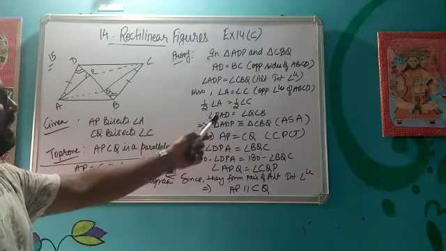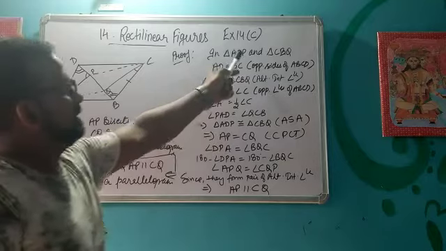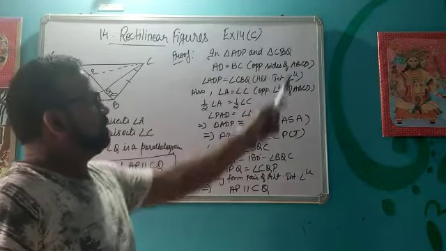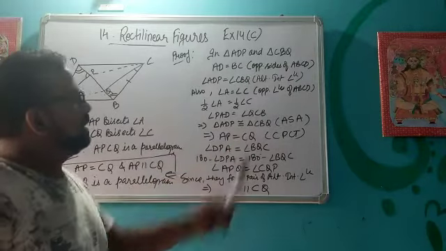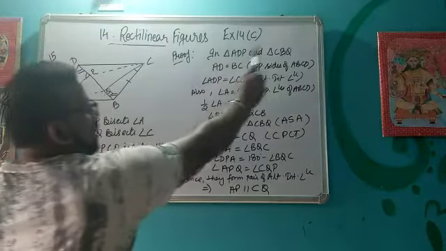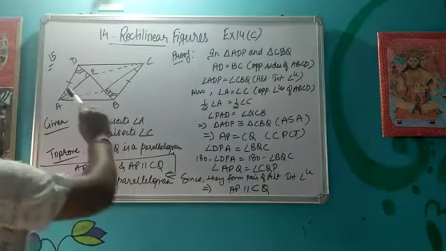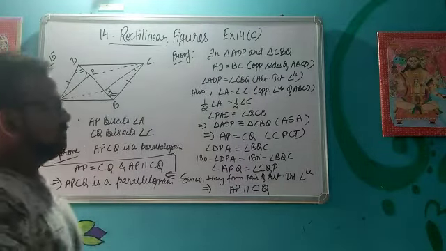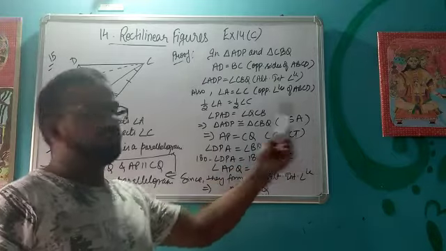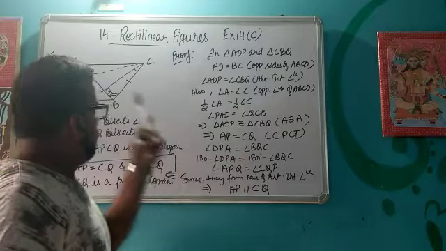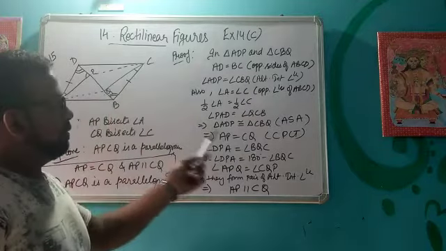So half of angle A is angle PAD that I have taken, and for half of angle C I have taken angle QCB. So these two triangles are congruent to each other by angle side angle. Since they are congruent, AP will be equal to CQ by CPCT.